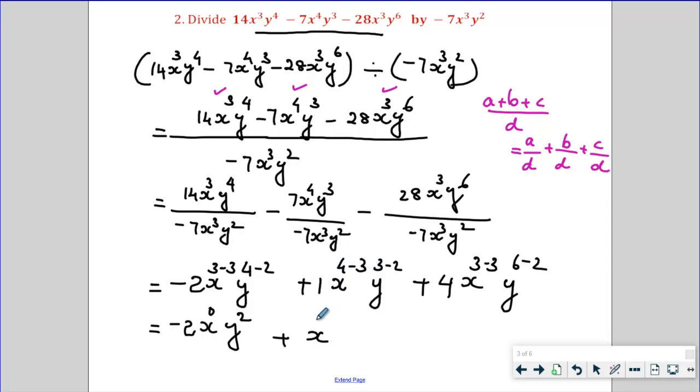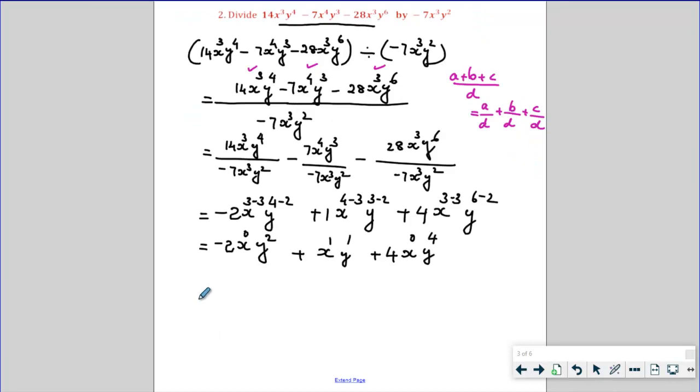Now 4 minus 3 is 1, y power 3 minus 2 is again 1. Now here plus, we can write 4, x power 3 minus 3 is 0, and y power 6 minus 2 is 4. So here we can write, that is equal to minus 2, here x power 0, we know that x power 0 is equal to 1.